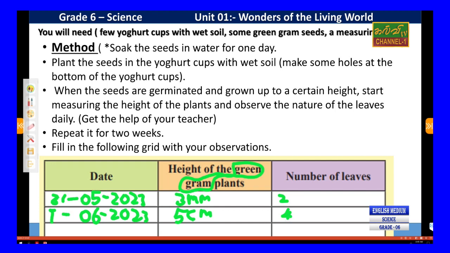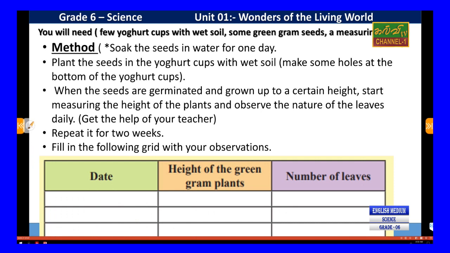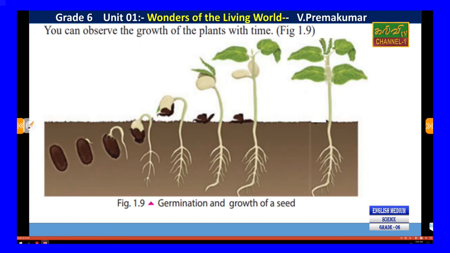Then 2nd June 2023, the height is 8 centimeter, number of leaves also a little bit increased, 6 or 7, right? So you can understand that day by day the height and the number of leaves are going to increase. That is indicating what? The growth, right?